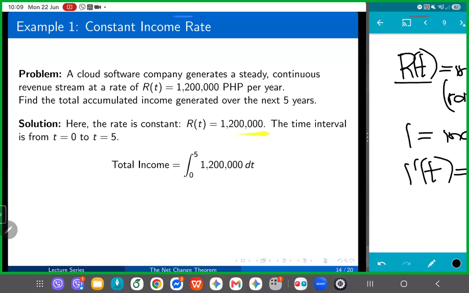So the income flow equals 1,200,000, R of T. And we are asked to find the total income generated over the next 5 years. So you integrate from 0 to 5. If you have a present income and you want to know the increase in your income for the next 5 years, then you integrate the rate of change from 0 to 5.